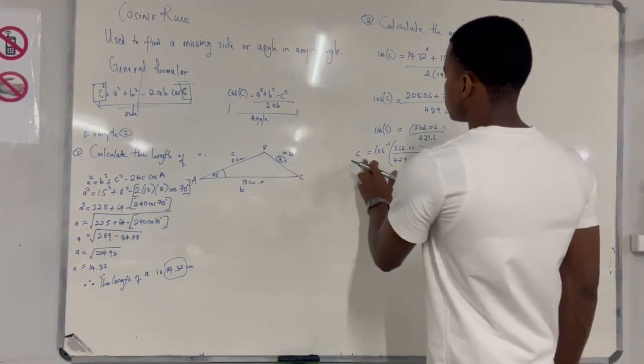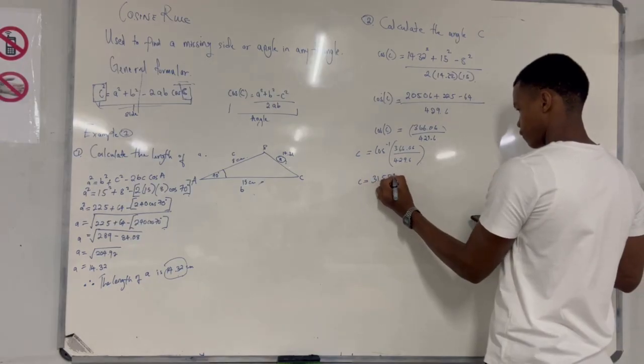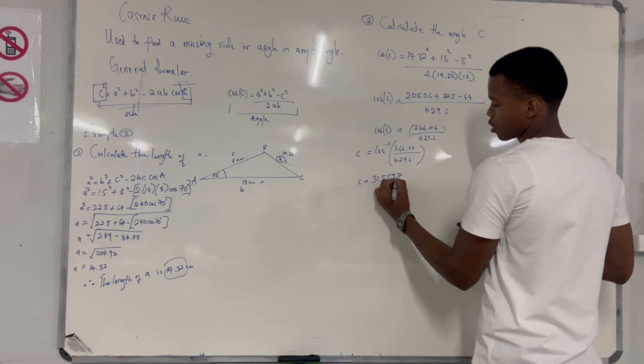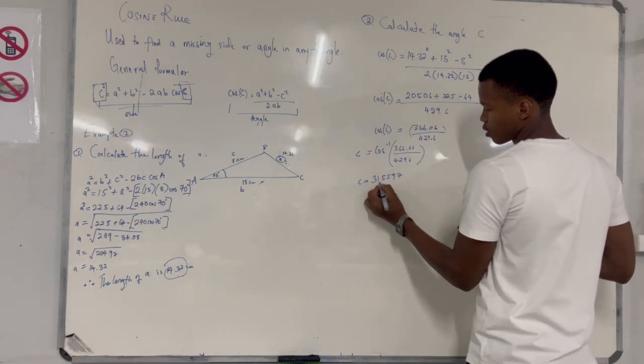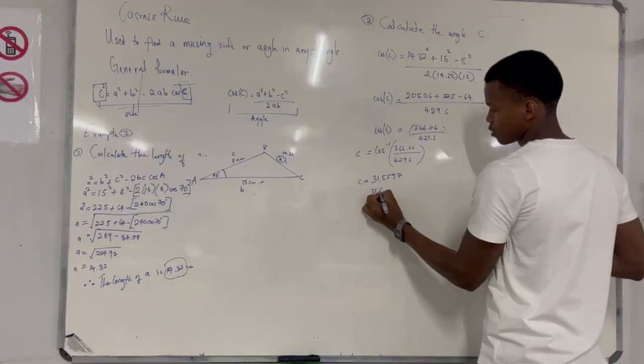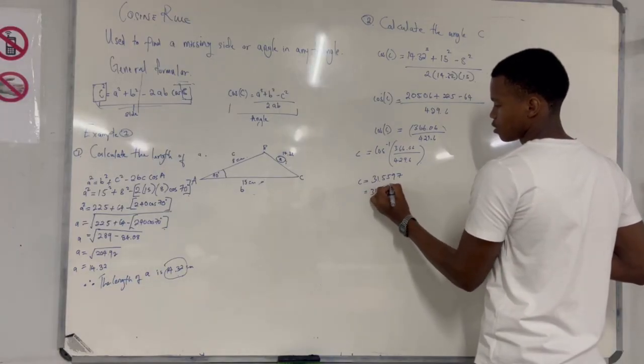After calculating, you should get 31.5597. Round this off to 2 decimal places, and you should get 31.56 degrees.